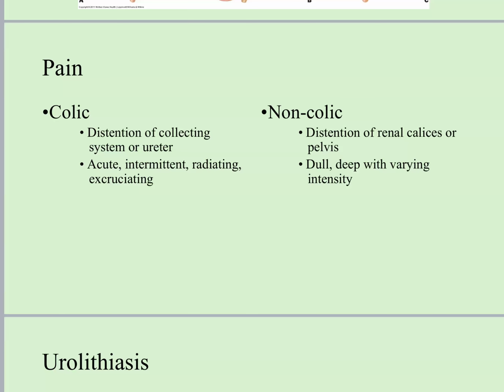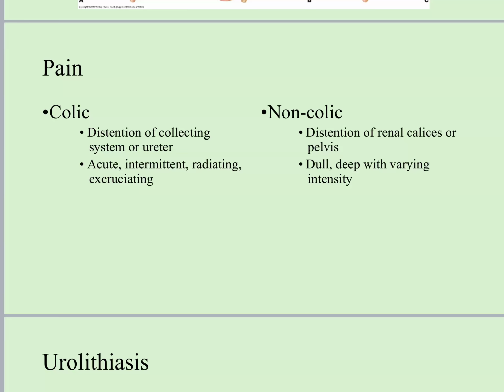So, a couple of different types of pain associated with this. And I don't know if any of you have had a kidney stone, I'm not sure. Maybe you know somebody who has. It's extremely, extremely painful. So you can have colic pain, which is when there is distension of the collecting system or the ureter, and it is very acute, but it's also intermittent, radiating and excruciating.